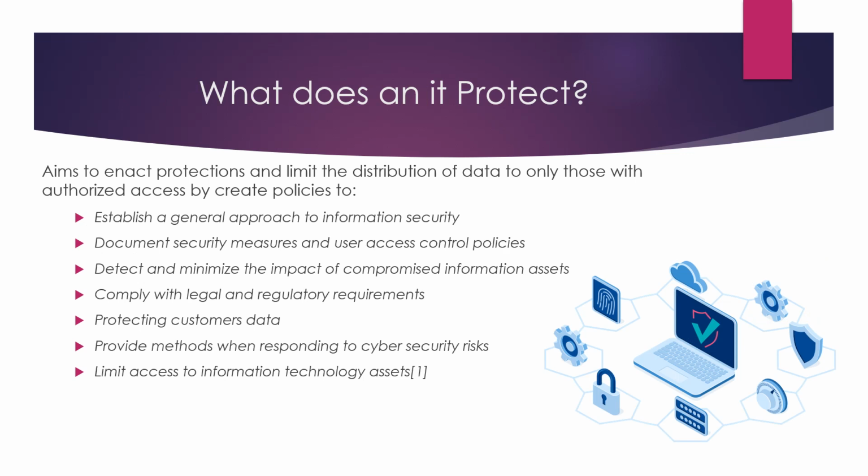An ISP aims to enact protections and limit the distribution of data to only those with authorized access by creating policies to establish a general approach to information security, document security measures and user access control policies, detect and minimize the impact of compromised information assets, comply with legal and regulatory requirements, protect customer data, provide methods when responding to cybersecurity risks, and limit access to information technology assets.